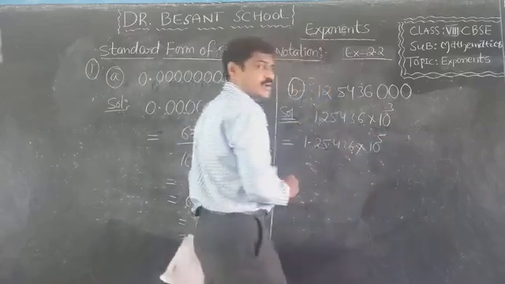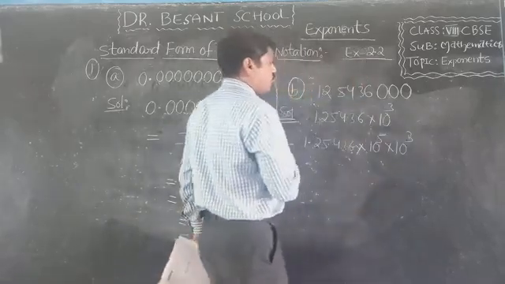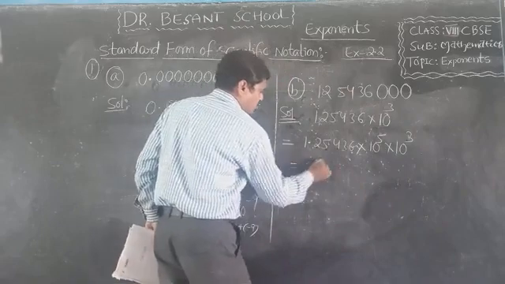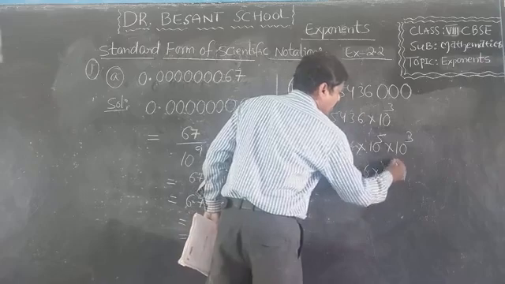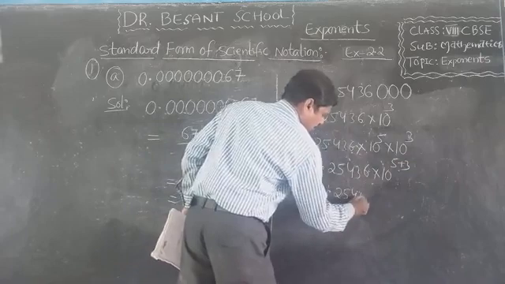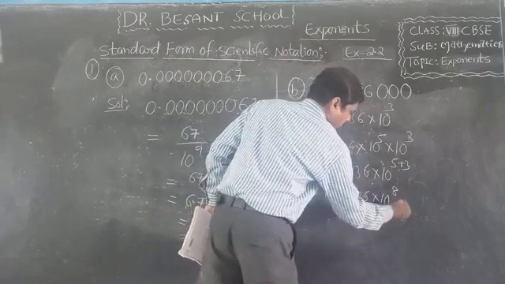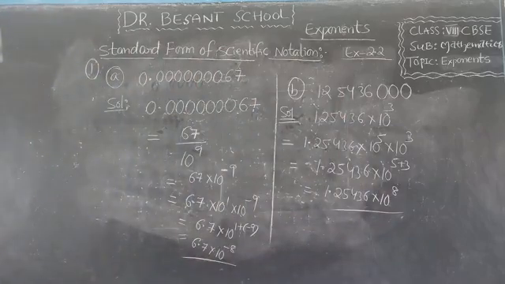So that is equal to 10 to the power of 5 into 10 cube. So that is equal to 1.25436 into 10 to the power of 5 plus 3, so 1.25436 into 10 to the power of 8. So this is the scientific standard form, 1.25436 into 10 to the power of 8. This is the B solution.